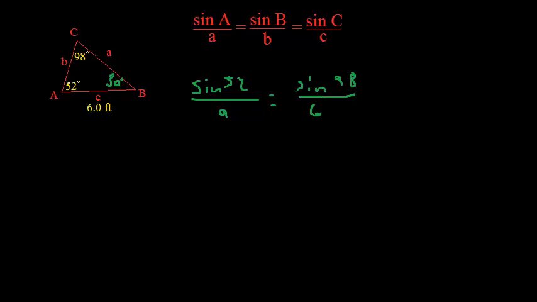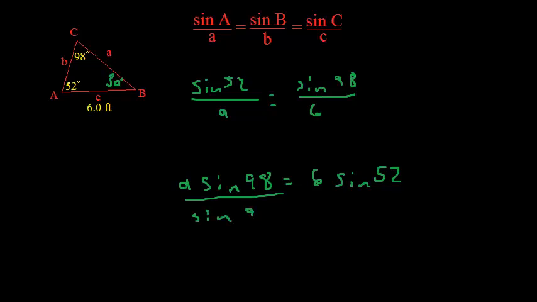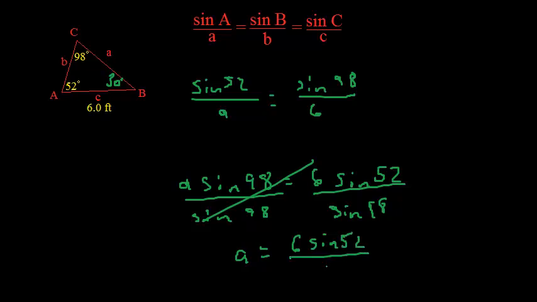So I can use cross multiplication here to solve for A. I have A times the sine of 98 is equal to 6 times the sine of 52. To solve for A, I can divide both sides by the sine of 98 degrees. So I have here sine of 98 cancels out, and I have A is equal to 6 times the sine of 52 over the sine of 98, all of which I can plug in.